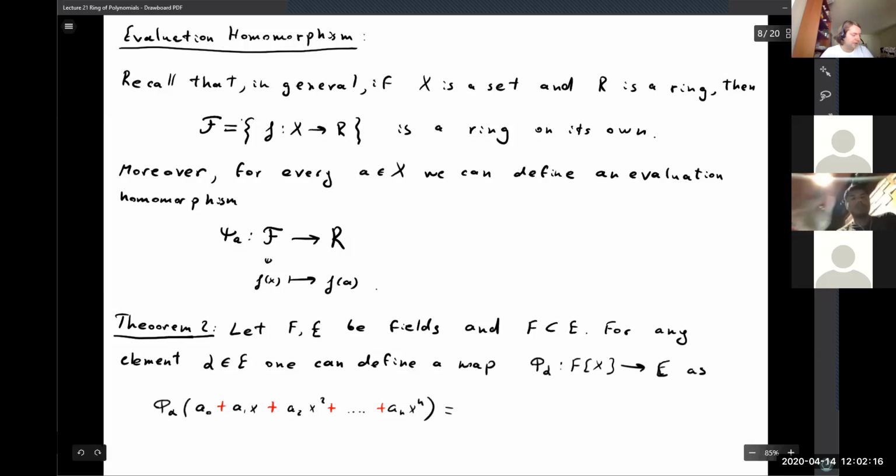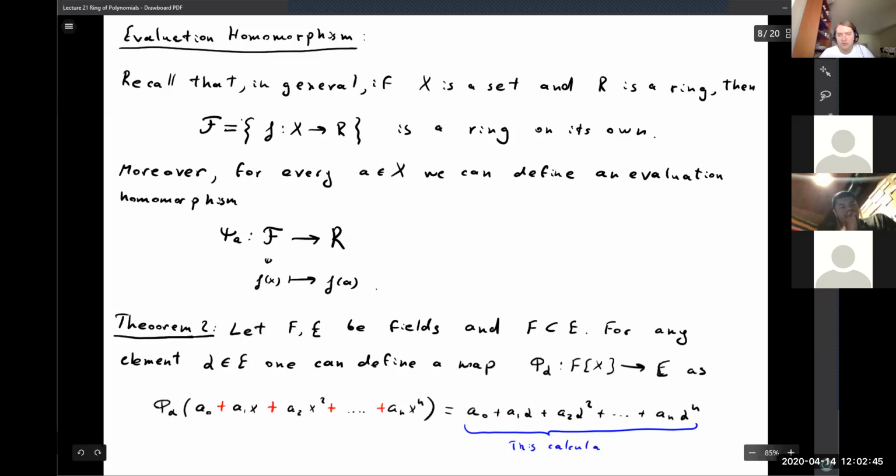And let's define phi alpha of f as just the sum a0 plus a1 alpha plus a2 alpha squared plus up to an alpha to the n. So note that this calculation is in E.